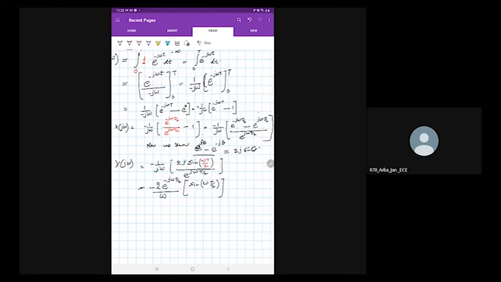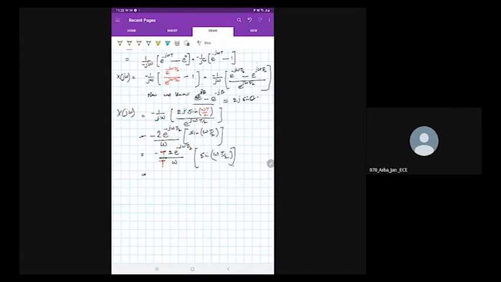Now if we multiply this by t and divide by t, we have minus 2 e raised to power minus j omega t by 2, then omega in the bottom, then sine of omega t by 2.